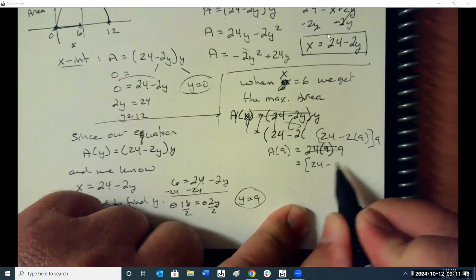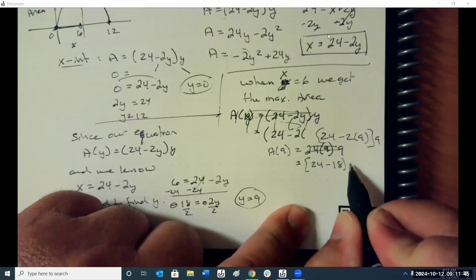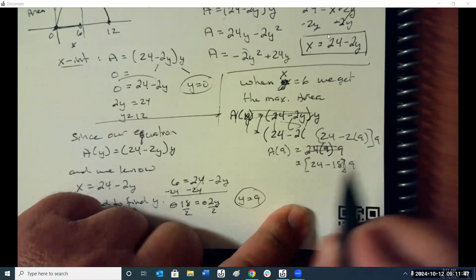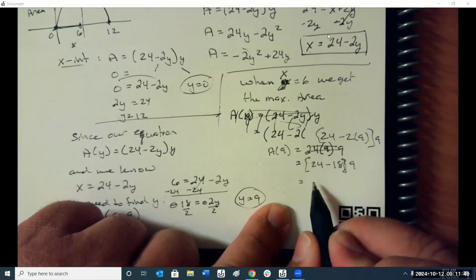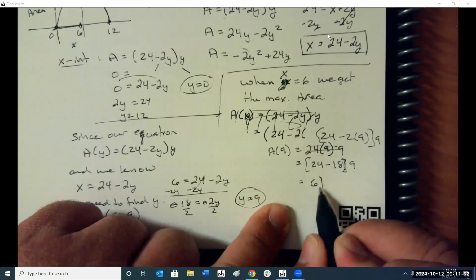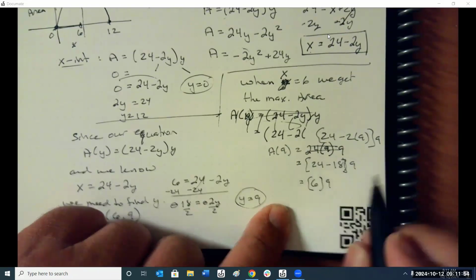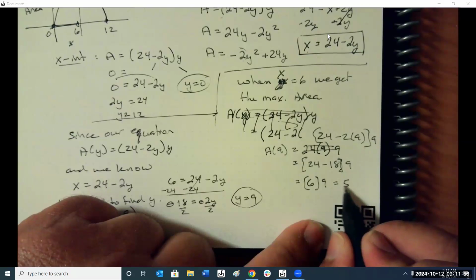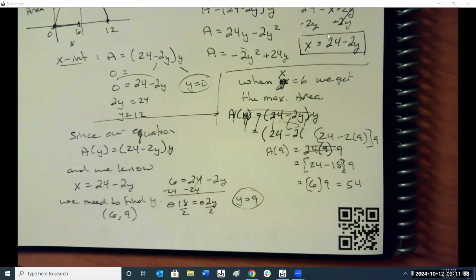So 24 minus 18 is 6, times 9. So that's our area.